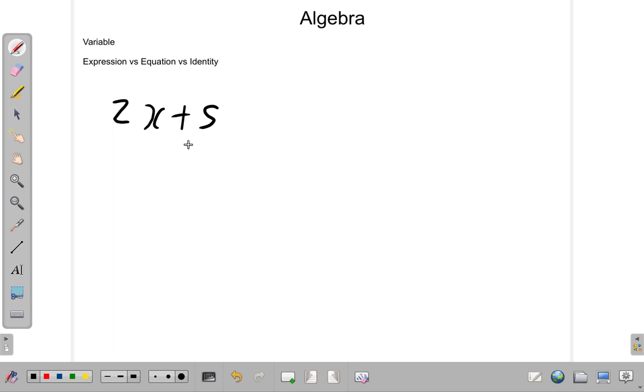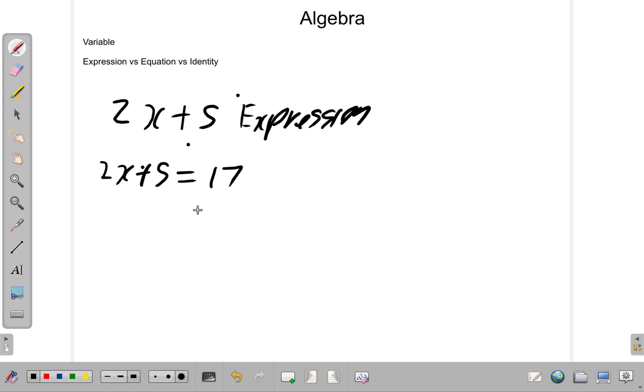It's a statement, a mathematical statement. Now, that being an expression, suppose I want an example of an equation. I could say 2x plus 5 is equal to 17. This is an equation.